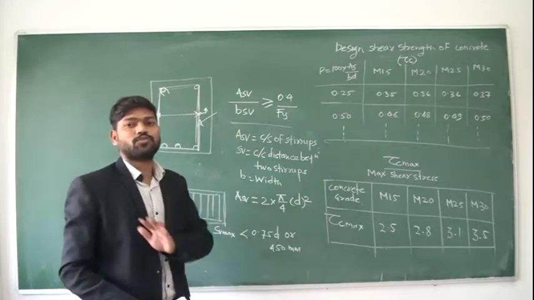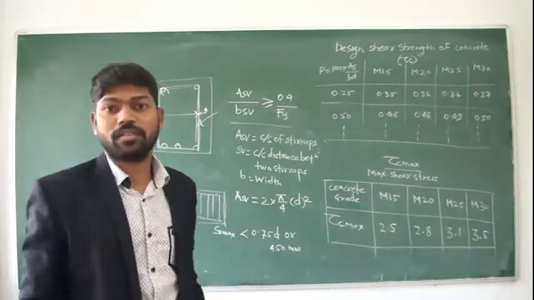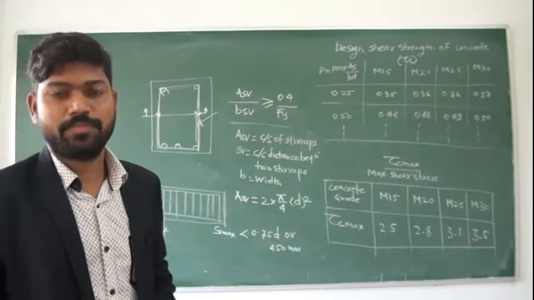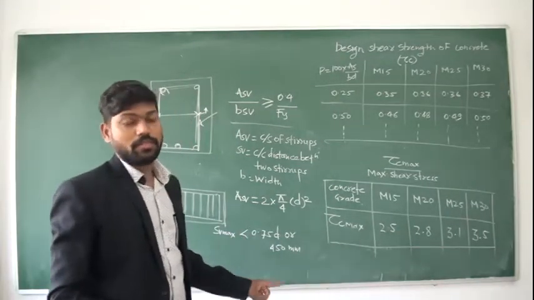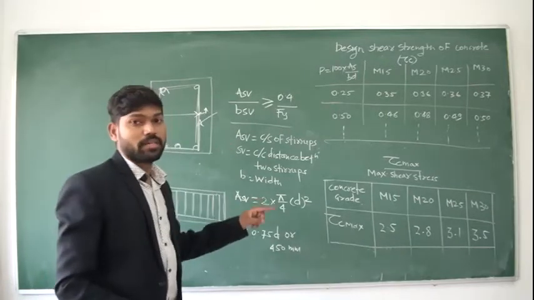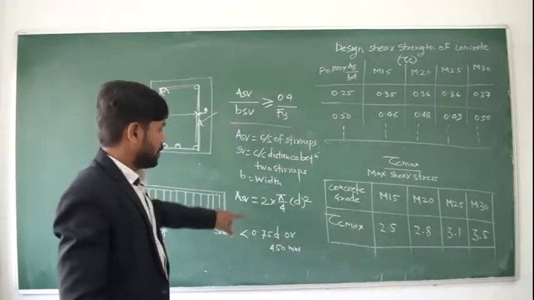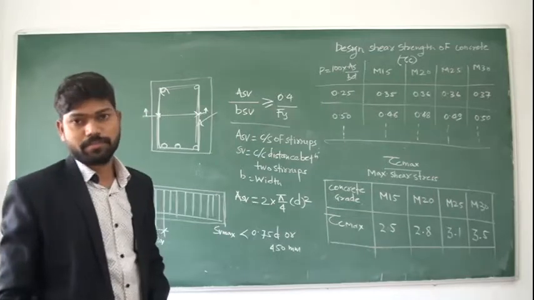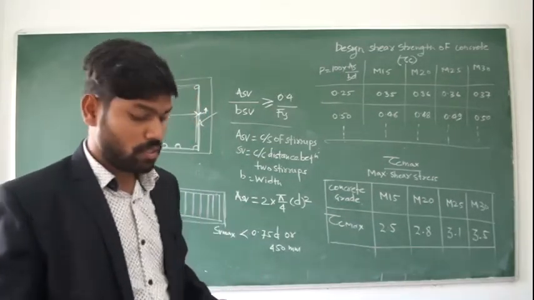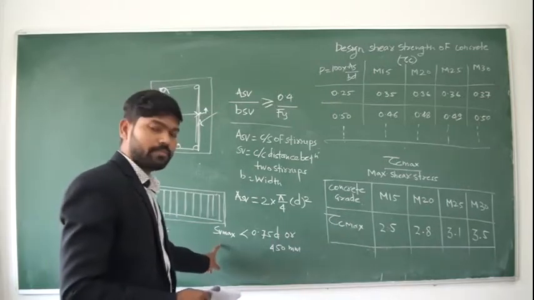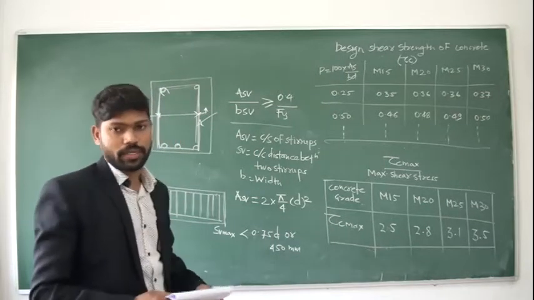Then your Sv value should not exceed 300 mm, because whichever is less is mentioned here. Please note this also. These are the two guidelines regarding the minimum reinforcement: one is the minimum area, and this is regarding the spacing. When you design your beam shear reinforcement, you have to be very careful about these two guidelines.